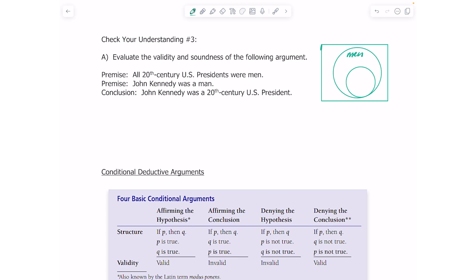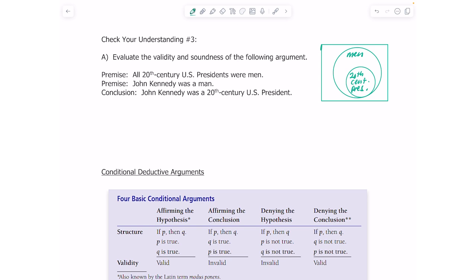And we know that all of the 20th century US presidents were men. So that's going to be my subset. Okay. So our conclusion says John Kennedy was a 20th century US president.